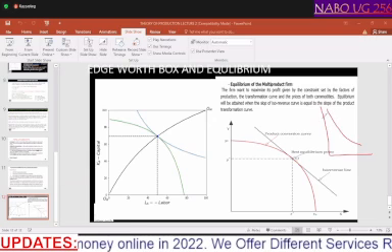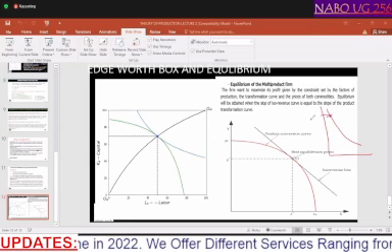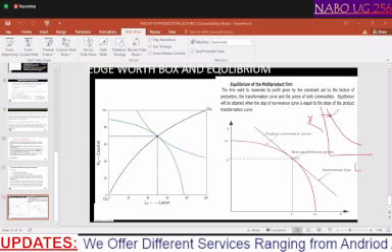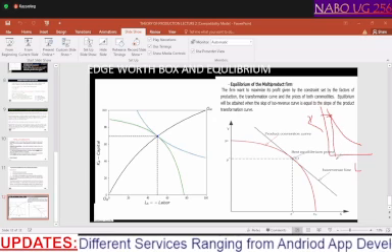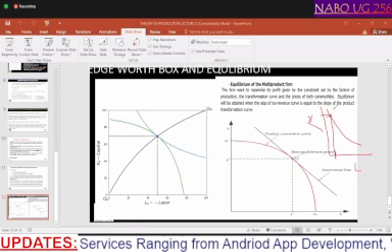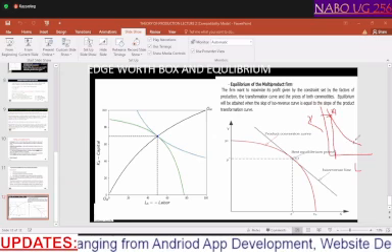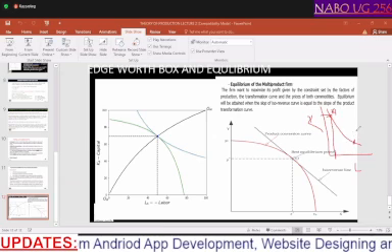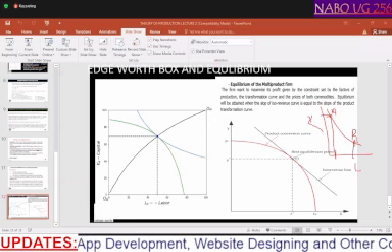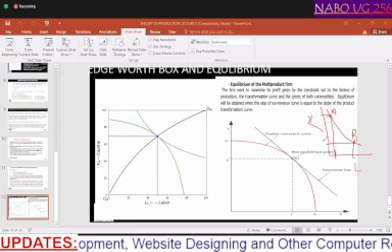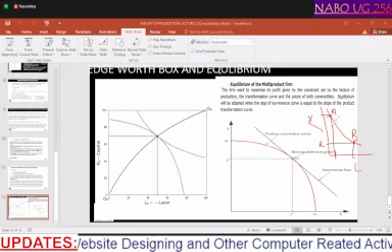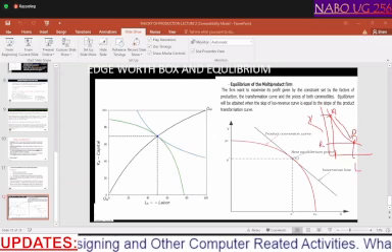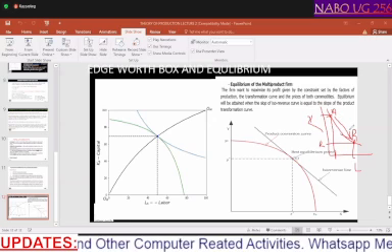As you move from here, you are using a given capital and a given amount of labor. Here you are using more capital and less labor at point A. At point B, you are using more labor and less what? Less capital. That means you're able to substitute but still produce the same amount of output.